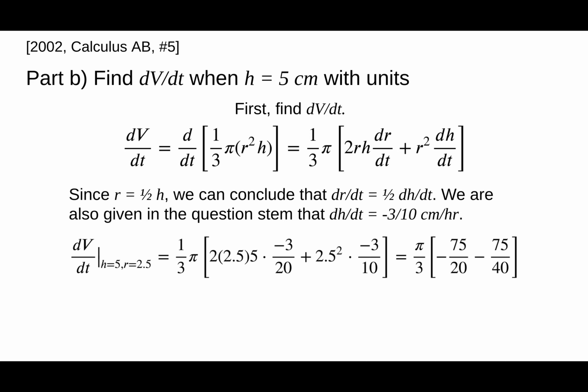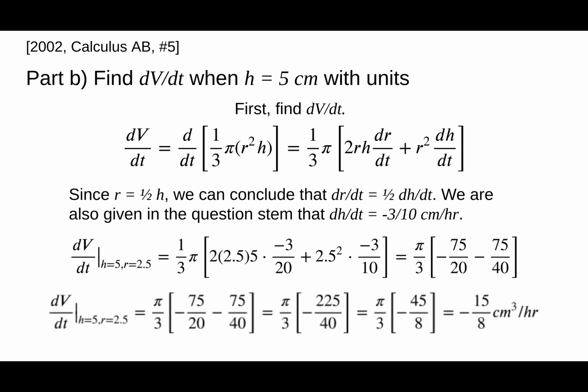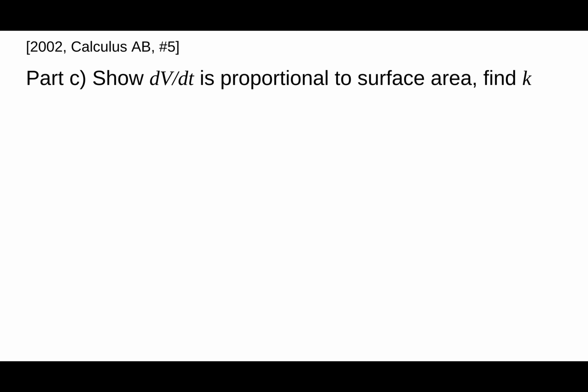We get pi thirds times (-75 over 20 minus 75 over 40). If we simplify that, we get -15 over 8 cubic centimeters per hour, which again makes sense. The volume should be in terms of cubic units, and the rate at which the volume changes should also be in cubic units, so this unit makes sense.